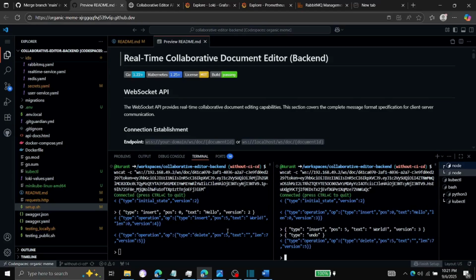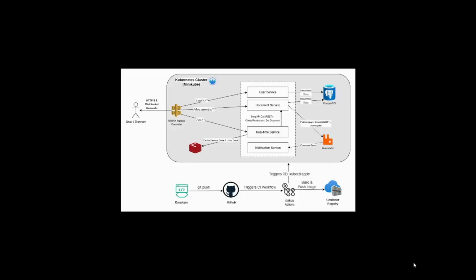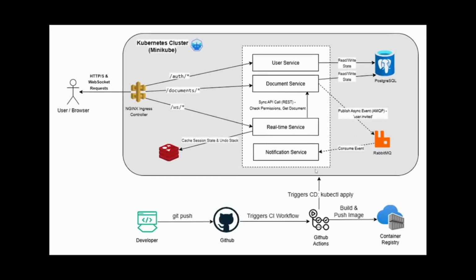So how does all of that work? Let's look at the architecture diagram on the left. The entire system is designed as a cloud-native microservice architecture, specifically to address the assignment's requirements. The requirement for scalability and high availability is met by orchestrating everything with Kubernetes.